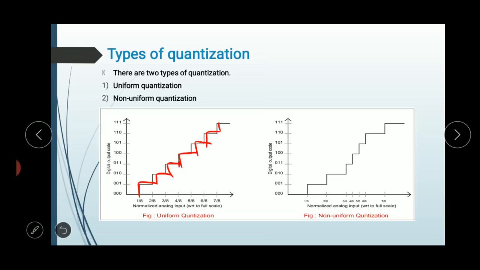But in the second diagram you can observe that the step sizes are not equal. Means here it is smaller than these step sizes. So when the step size is variable, means not constant, as per requirement it varies, that quantization is known as non-uniform quantization.